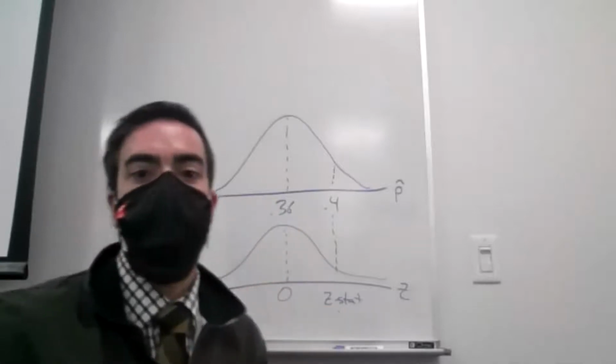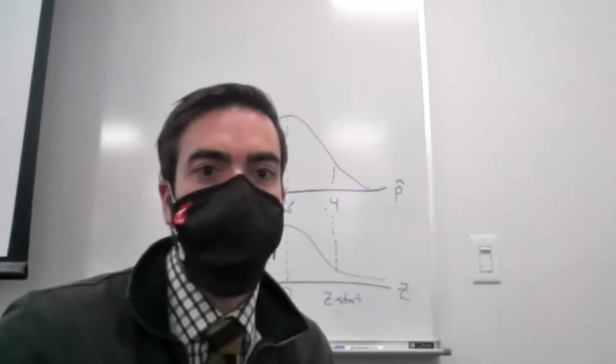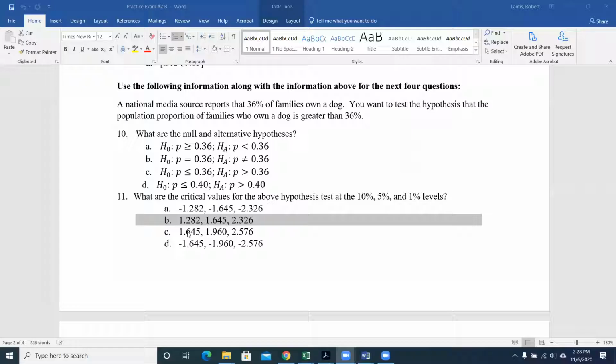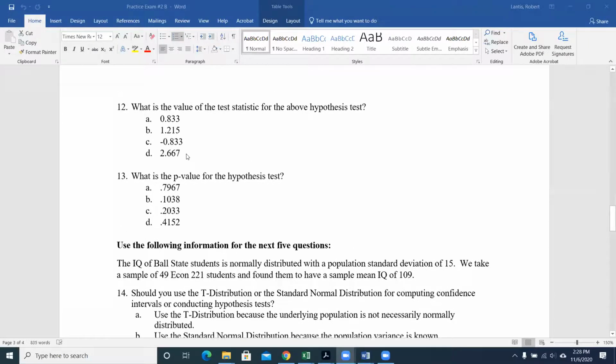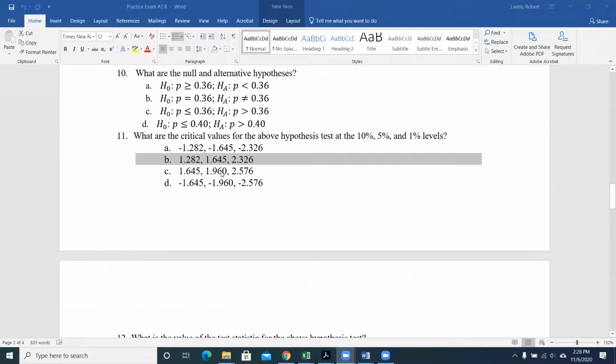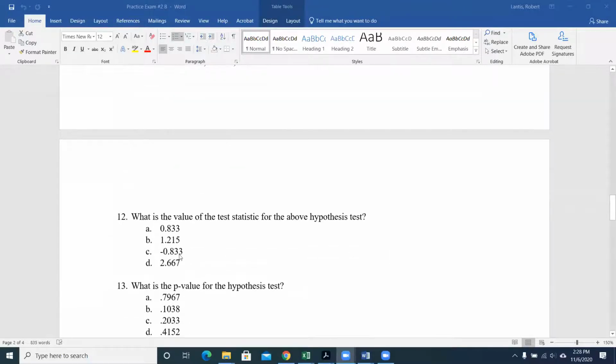So right away I know I have a positive test statistic, which means I could just cross off C, right? And if I, for some reason, had flip-flopped the proportion and sample proportion in my numerator, I would have gotten negative 0.83. By remembering that I found something to the right of the assumed true value, it has to be a positive test statistic, and that would prevent me from accidentally making that mistake and answering C, okay?